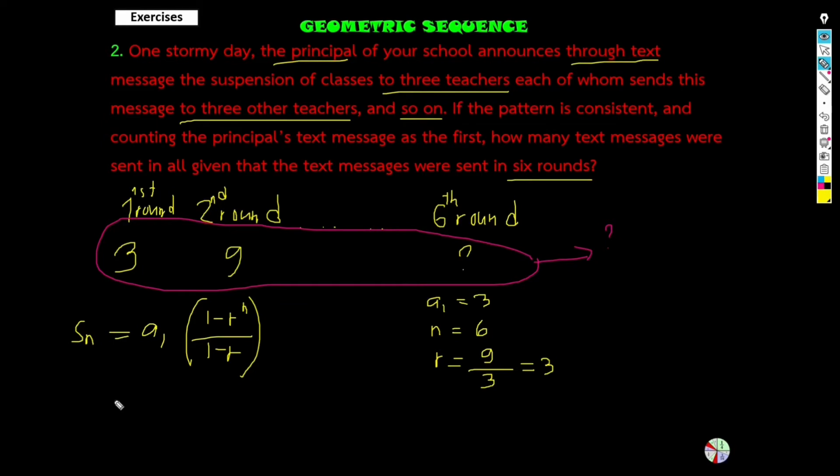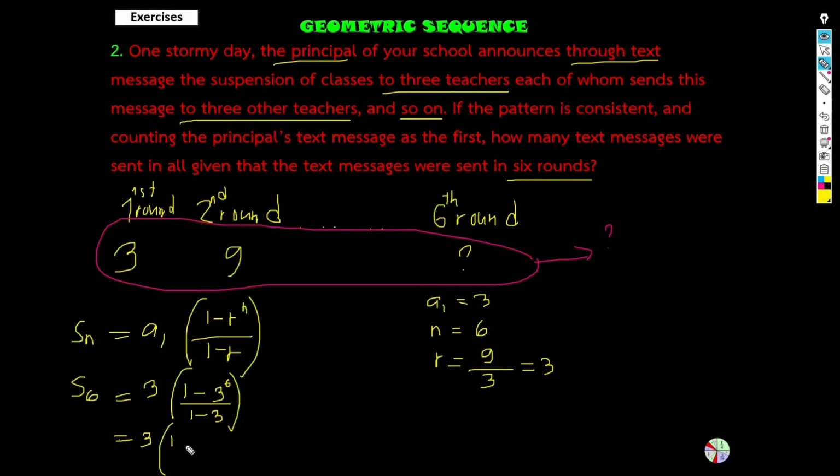So let's solve it. S sub 6, the total of text messages sent in 6 rounds. So a sub 1 is equal to 3, times 1 minus the ratio 3 to the power of n, which is equal to 6, all over 1 minus r, which is equal to 3.